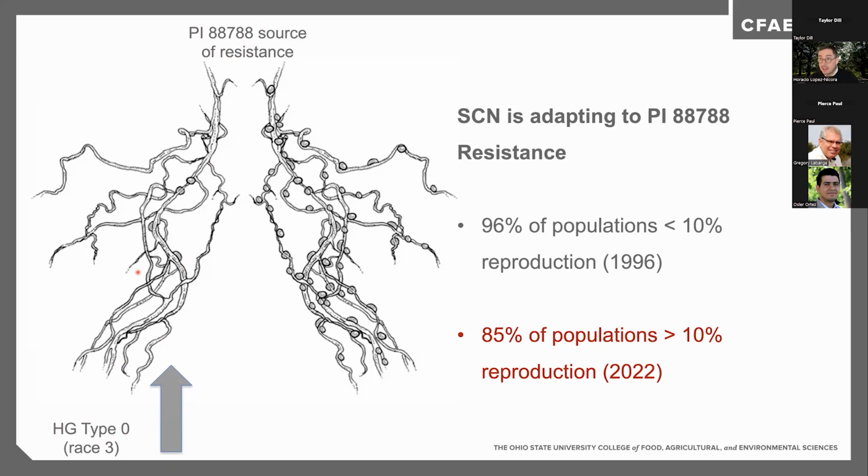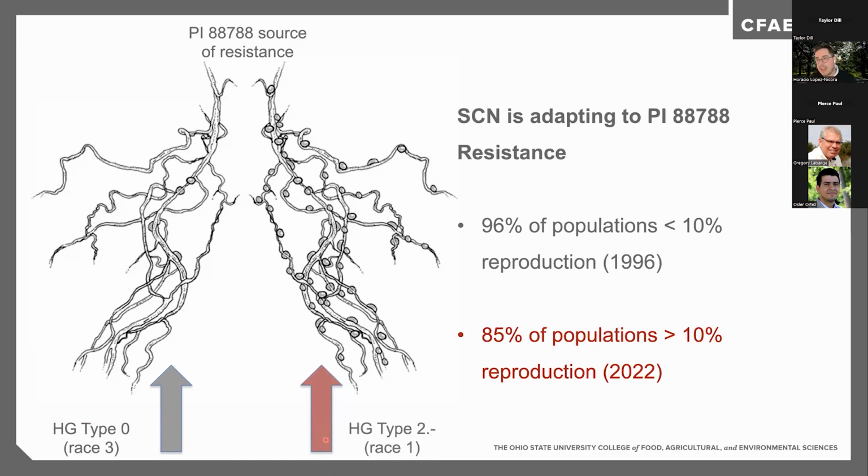Because of that, we successfully managed that population and used the same source of resistance for over 30 years. And you know what happens when we use the same active ingredients to manage a pest for so many years? We exert a selection pressure on that population and we shift the virulence.